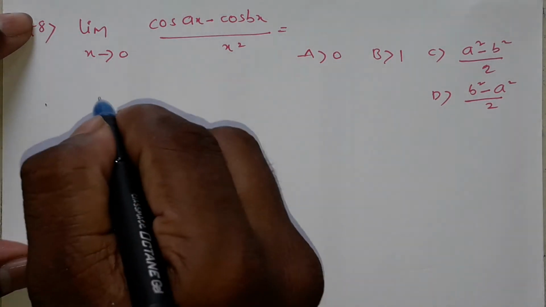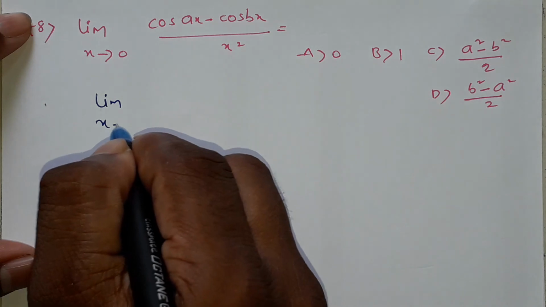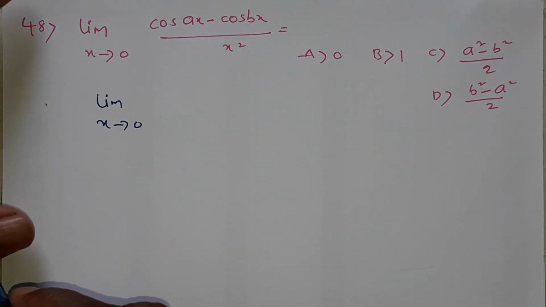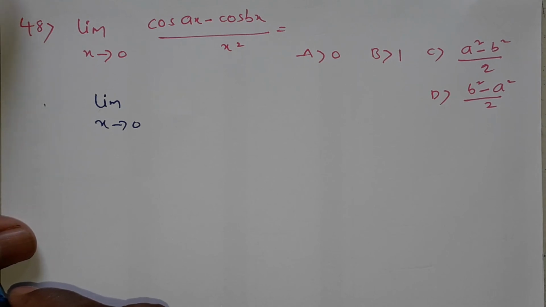Limit extends to 0, cos ax by x square, cos bx by x square.